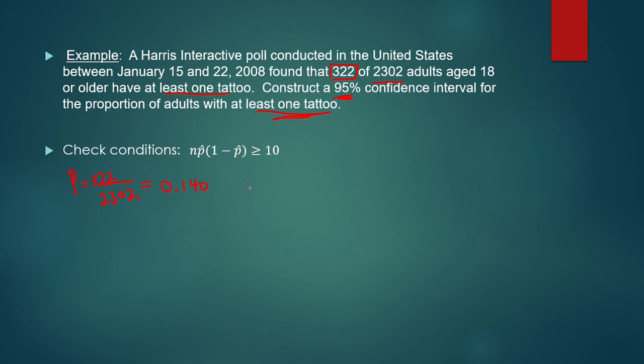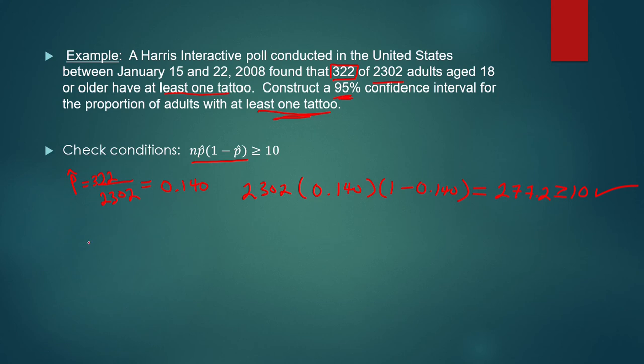So p hat is 0.140. Now the sample size is 2,302. We're going to multiply that with p hat, 0.140, times the quantity 1 minus 0.140. This yields 277.2, and that's clearly greater than or equal to 10, so the first condition is met.